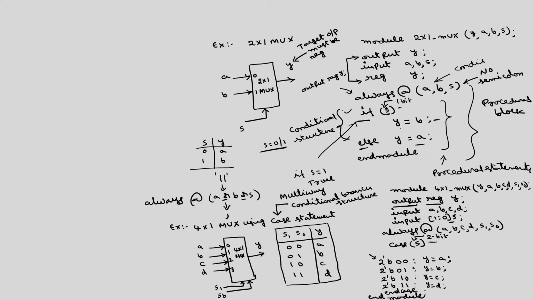Okay. So, this is how we can use a multi-way conditional branch structure by using case statement. Now, we will discuss another example, a 2 to 4 decoder, using the behavioral model and that too the procedural assignment.